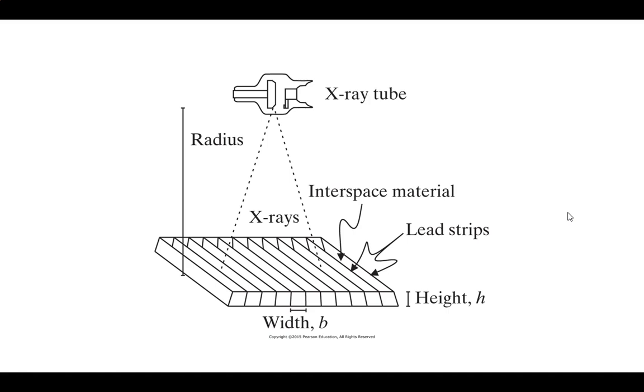X-rays are not my biggest area, but at least the ones I have seen have been more this style. So what we really care about is the ratio of the height to the width, which is going to determine an angle coming in. If you imagine the X-rays coming in at an angle, that ratio gives you the angle.